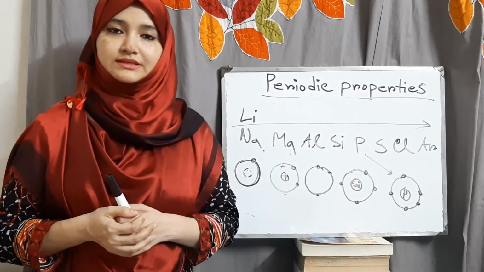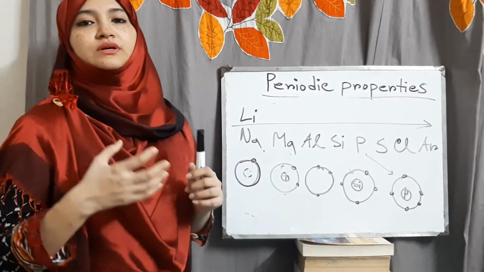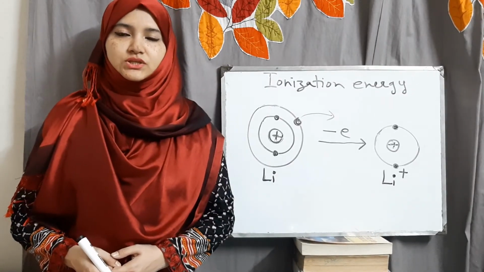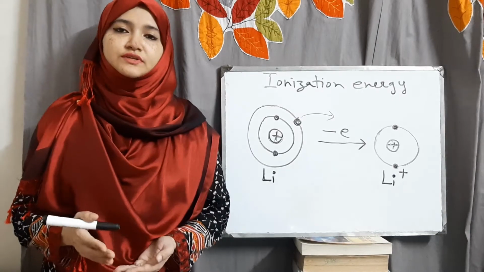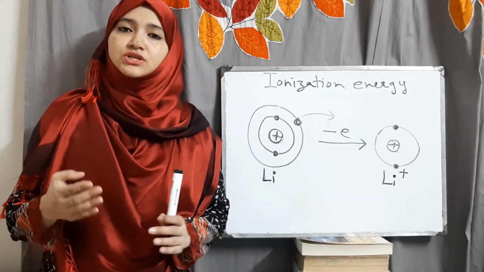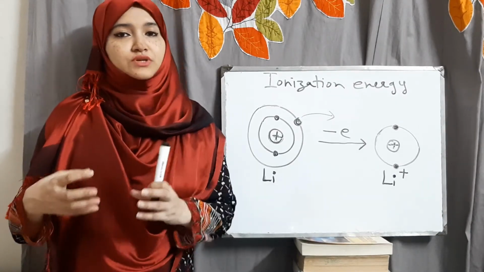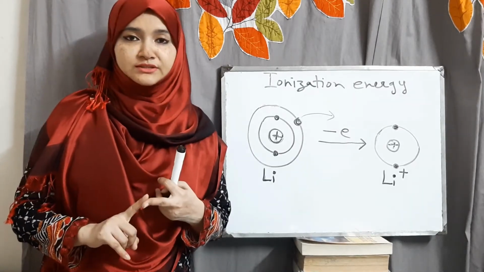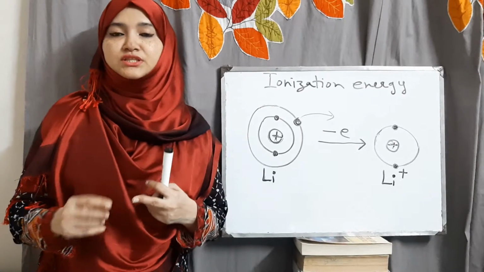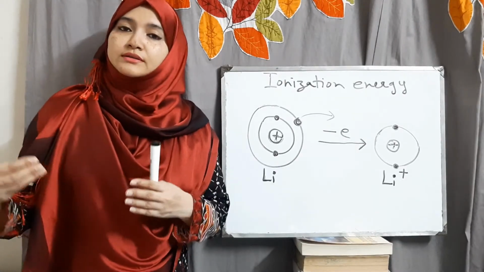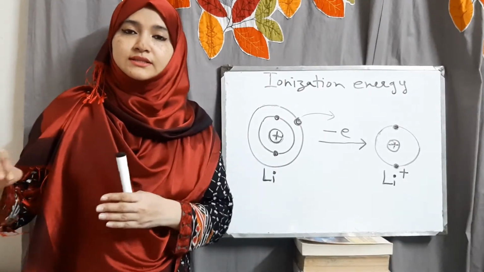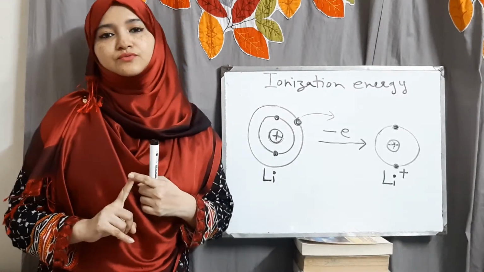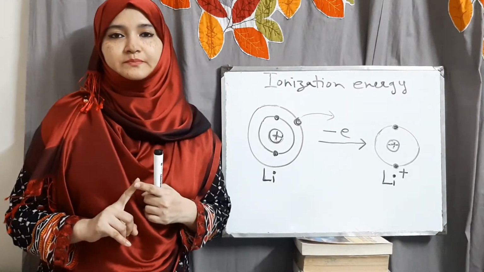I think it's clear. Next, we go for ionization energy. What is ionization energy? The ionization energy of an element is the energy required to transform an atom of any element into a positive ion in its gaseous state by removing one electron from its outermost shell.